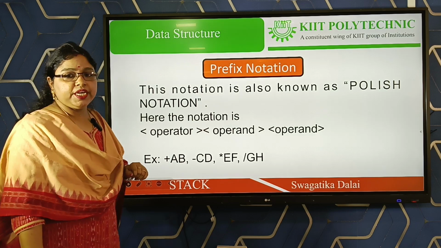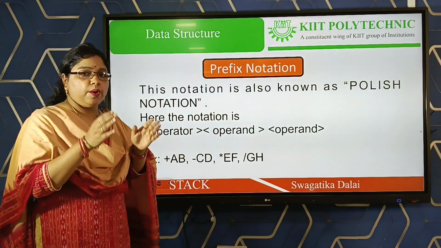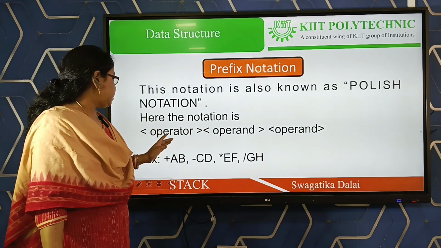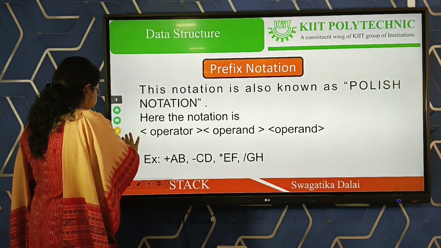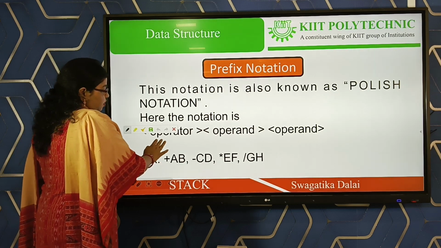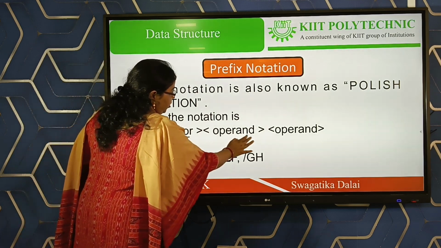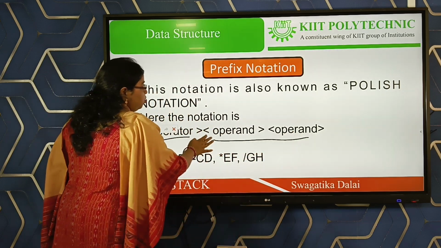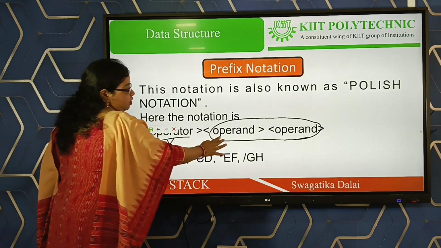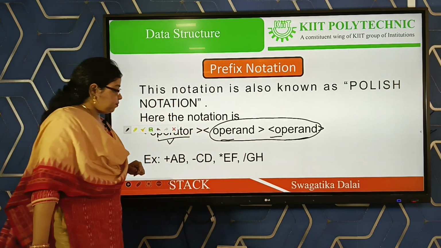Next comes prefix notation. Prefix means the operator lies before the 2 operands. As you can see here, the operator lies before the 2 operands. That means first the operator comes, then the 2 operands come.